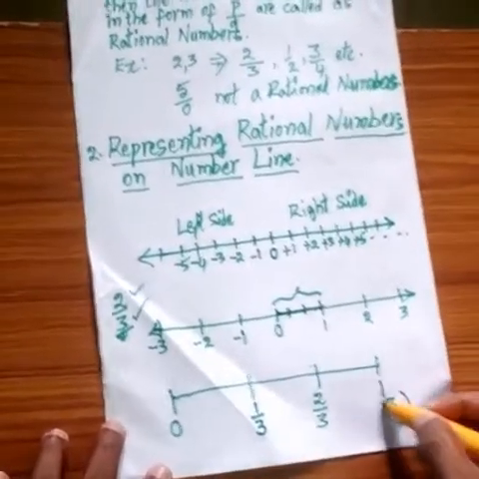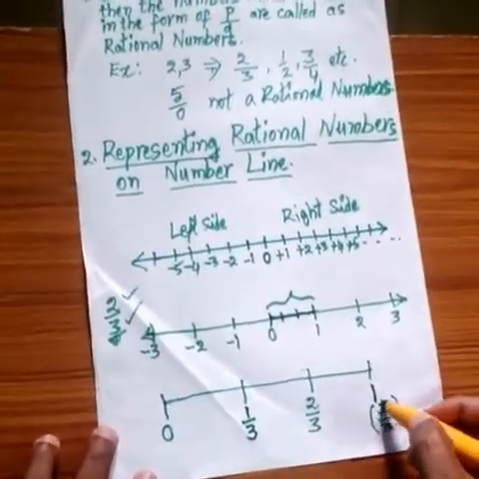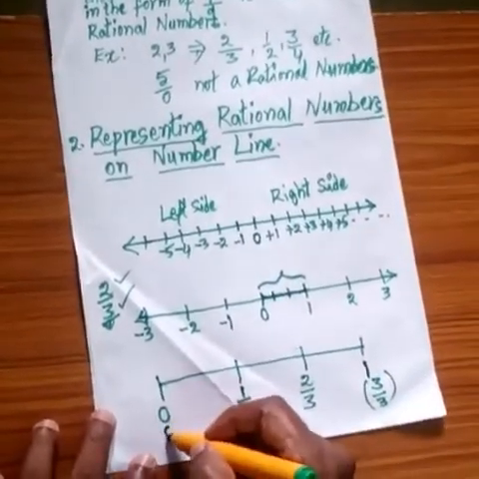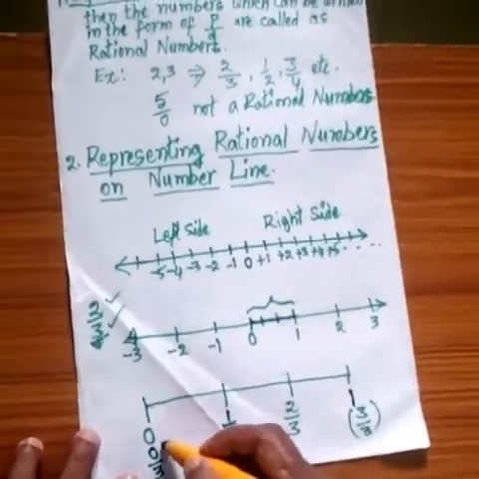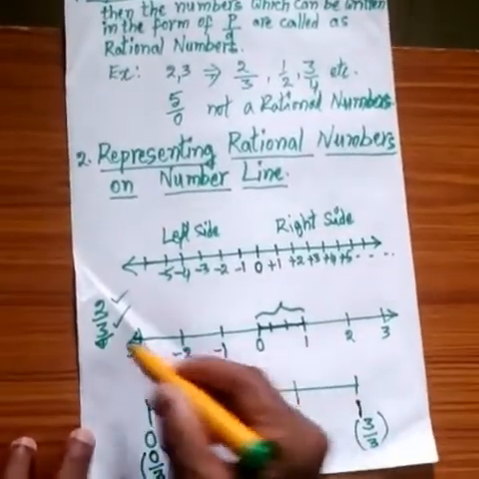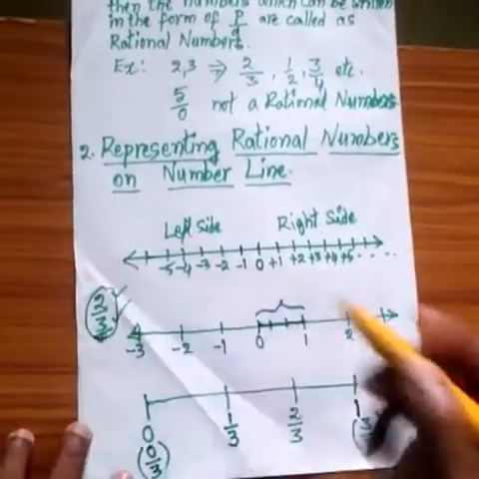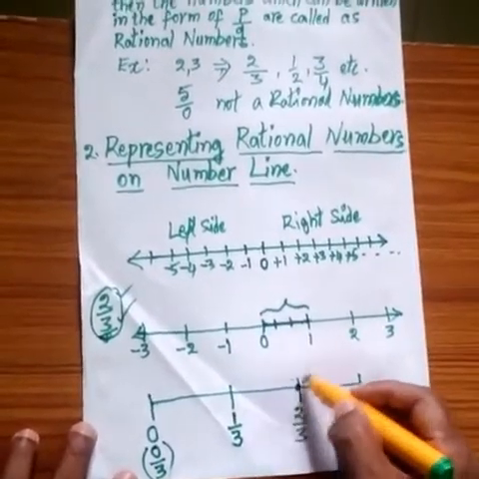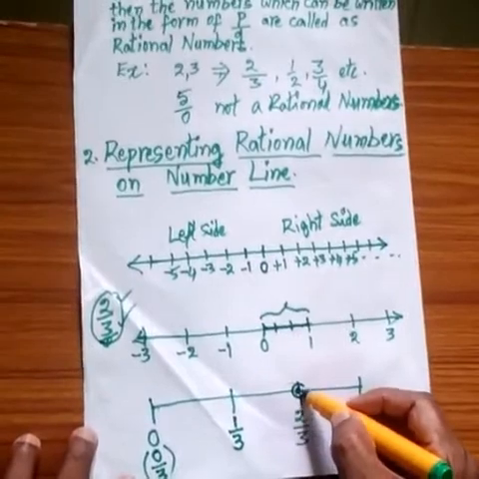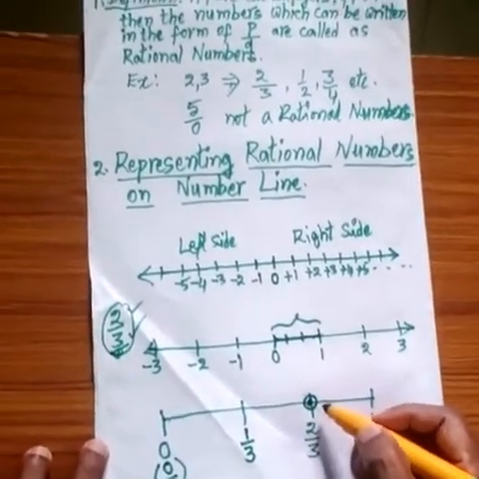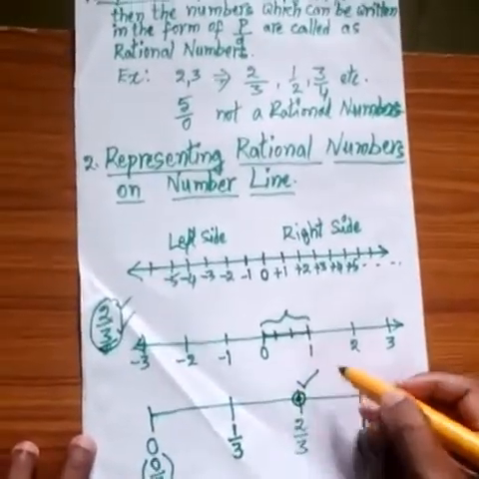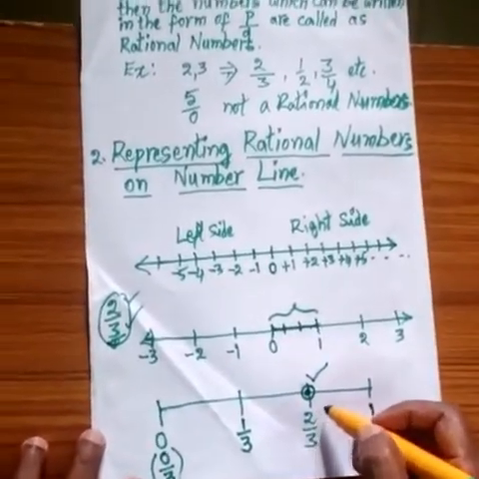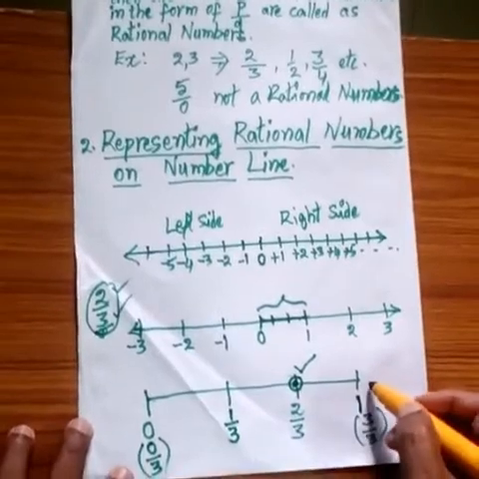That 1 can be written as 3/3 because if we make 3 parts and take all 3 parts, we get 1, and 0 can be written as 0/3 also. So to represent this 2/3 we mark one small point on the number line, make a circle at that point, and tick it. So this is how the number 2/3 is represented on the number line.